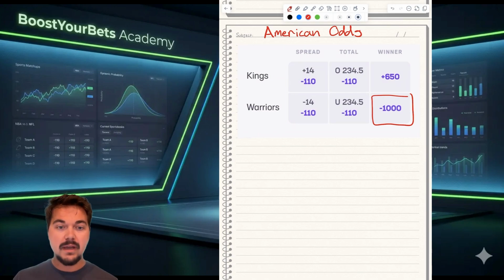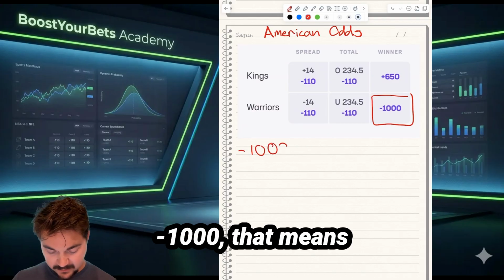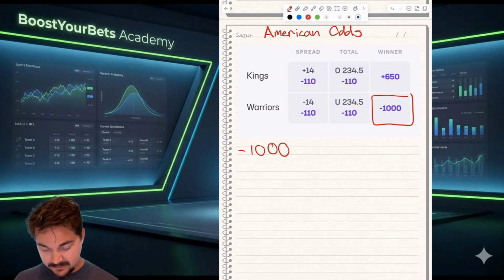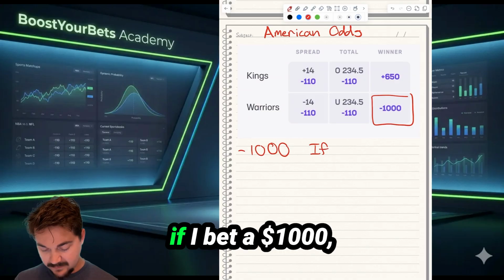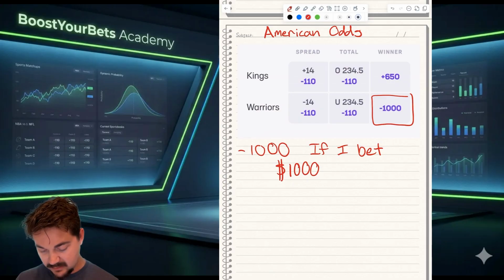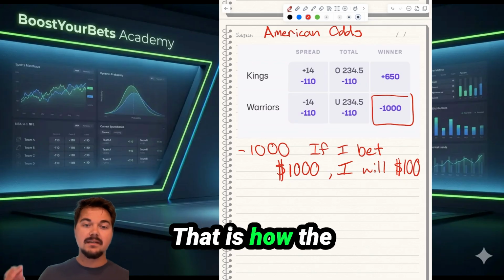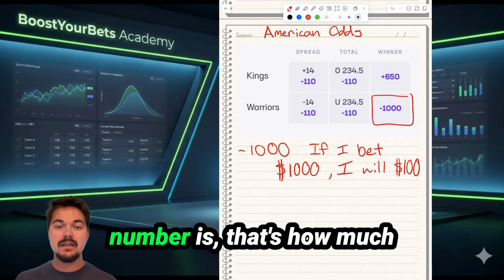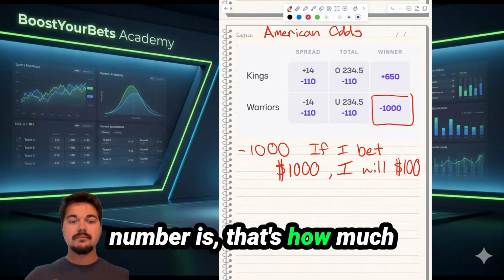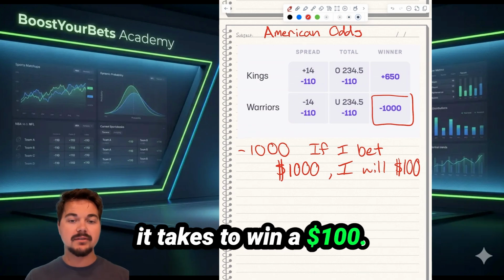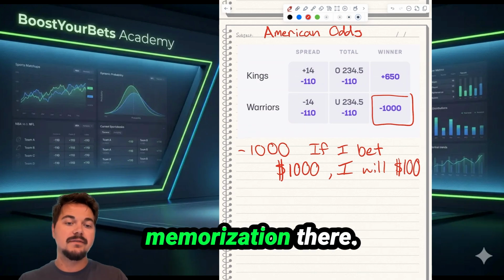So if you have negative 1,000, that means if I bet $1,000, I will win $100. That is how the negative odds work. So whatever the negative number is, that's how much it takes to win $100. So just a little piece of memorization there.